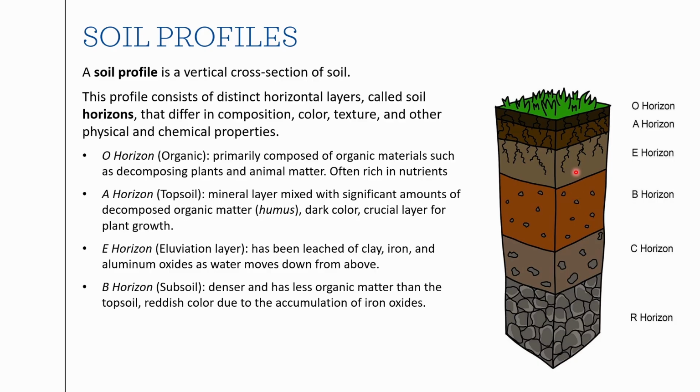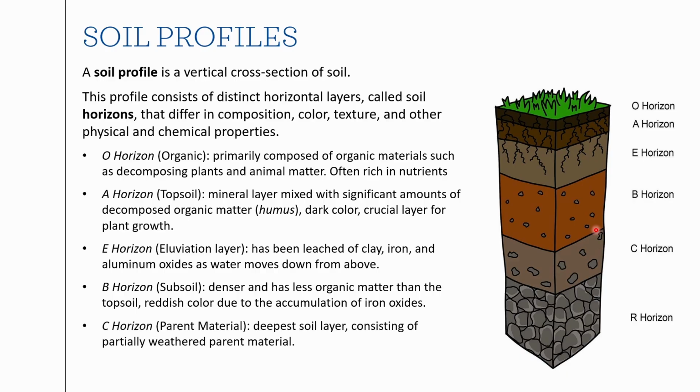The B horizon is the subsoil, which tends to have soil that's a little denser, less organic material, so it's not going to be as dark as the A horizon. And sometimes, if there's a lot of iron, it'll get a red color. So there's a lot of iron oxides, and so it'll have a rich brown or red color to it.